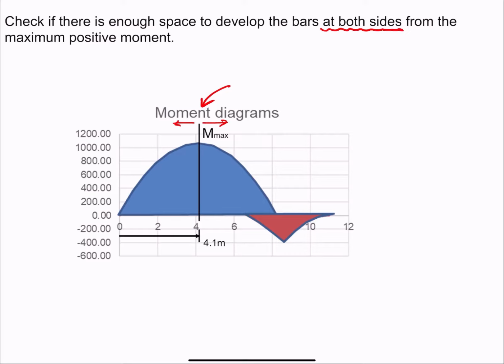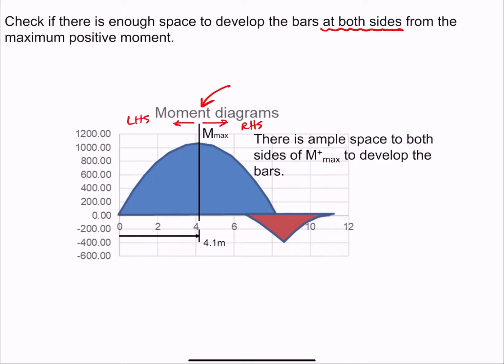Just by looking at this, I see that there is enough beam on the left-hand side and enough beam on the right-hand side to develop that yield stress where I have the maximum moment. So there is ample space to both sides of the maximum moment to develop the bottom bars, the 30Ms. So this check is fine.